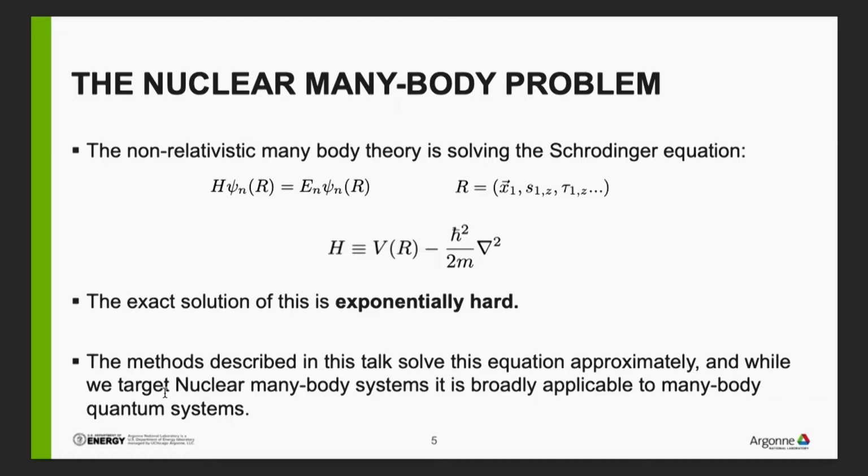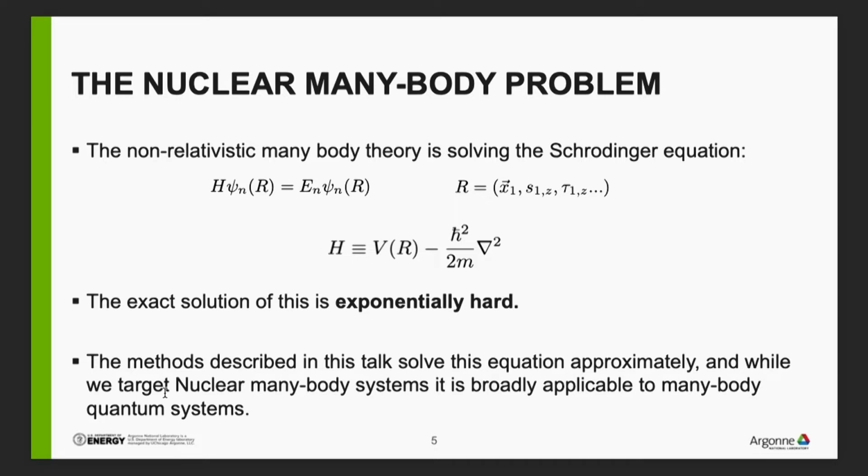So H is not a function, but an operator. It has this potential term V, and it has this momentum term, kinetic energy, which turns out to show up as a second derivative. Things that solve the Schrodinger equation are eigenfunctions of H. So you take this operator on your wave function. If you get back your same wave function times a constant, that's a solution.